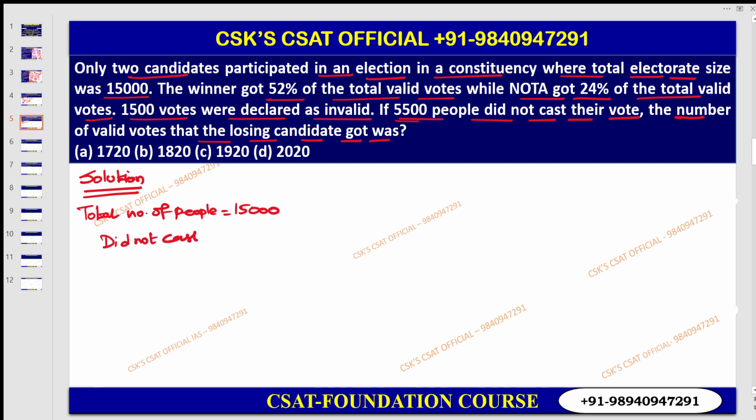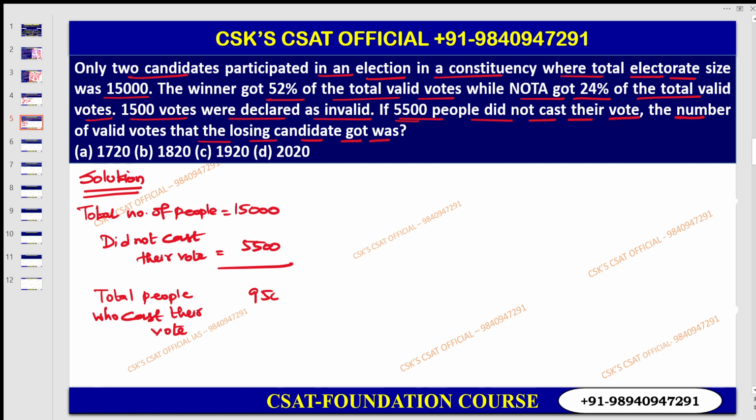So these did not cast their vote, right? So how much here? 5500. Please mark it like that. Okay, the total people who cast their vote, that is important.